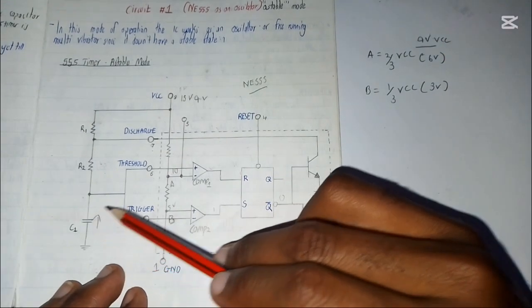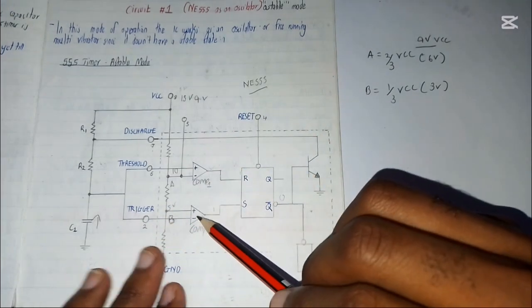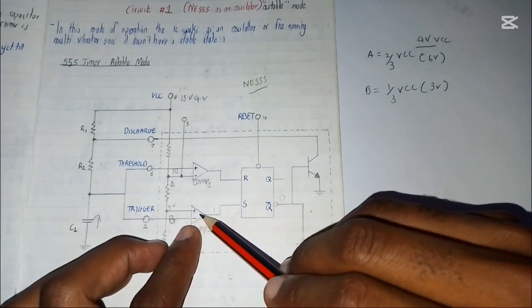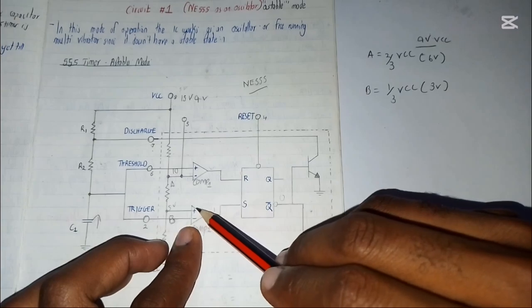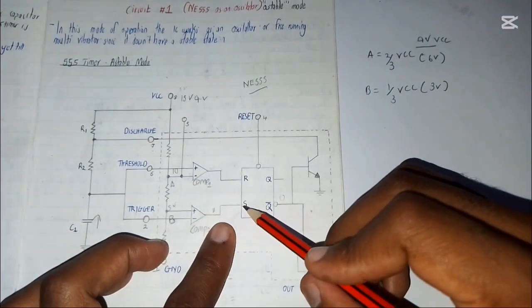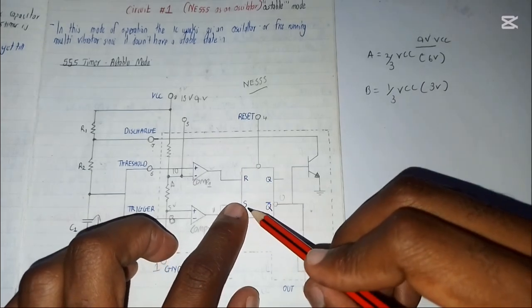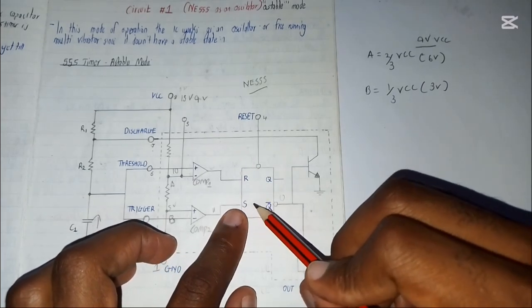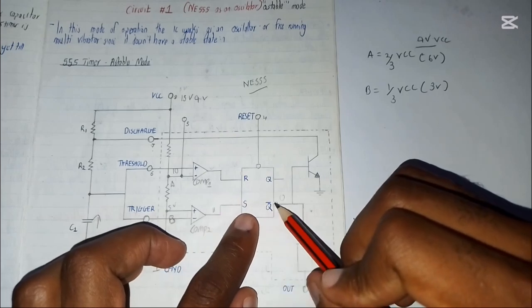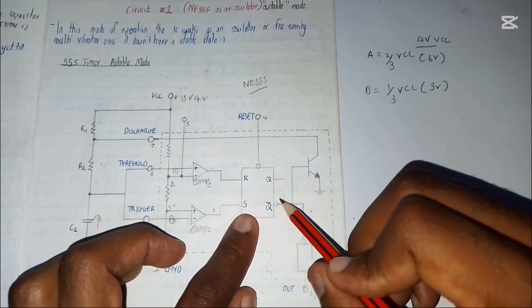So once I'm charging, the voltage here is low. It's lower than 2/3 VCC, meaning that it's going to activate this comparator. So the comparator here will give a 1. That 1 will enter the set part of this flip-flop. Once it enters the set, Q bar, which is the opposite of this, is going to give you a 0.